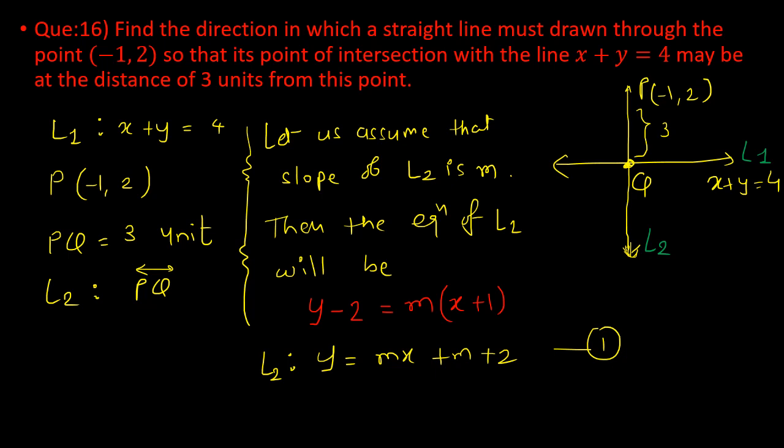Again, I am going to write both the equations, don't worry. L1 was the line x plus y is equal to 4, and the other line L2, which we found in the last step, was y is equal to mx plus m plus 2.